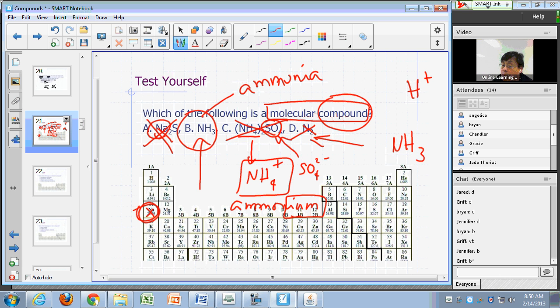You get ammonium ion. NH3 is ammonia. That's a molecular compound. That's gaseous. It's made up of small molecules. Under ordinary conditions, it's a gas, and you can smell it. That's the characteristic smell that you have in your Windex, your window cleaner. When you spray your Windex, that's ammonia gas, NH3. Okay, so the correct answer is B.